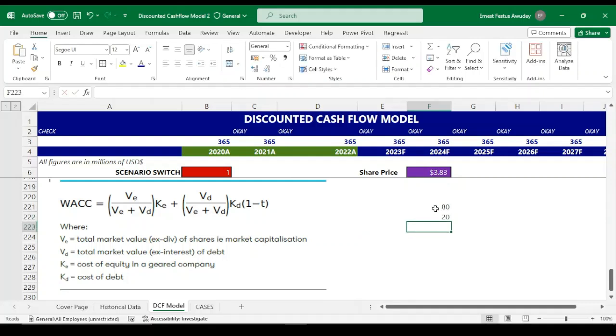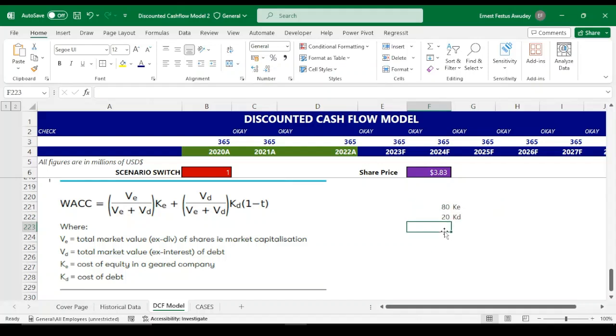and this means 80% and 20%. The 80% can be your cost of equity, which we usually denote as KE, and then the 20% can be your cost of debt, which we typically denote as KD. This is a typical example of a capital structure that you might have for a particular business.